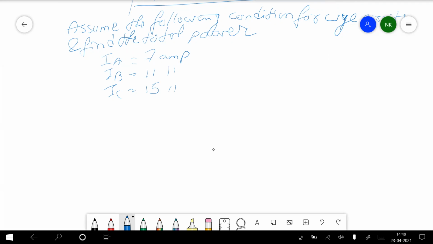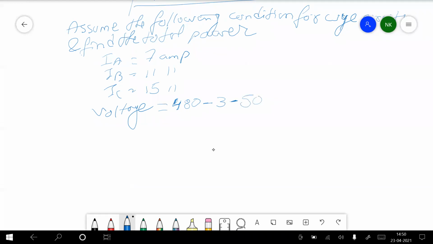And what you are missing is your voltage. The voltage is given as 480, 3-phase and 50.